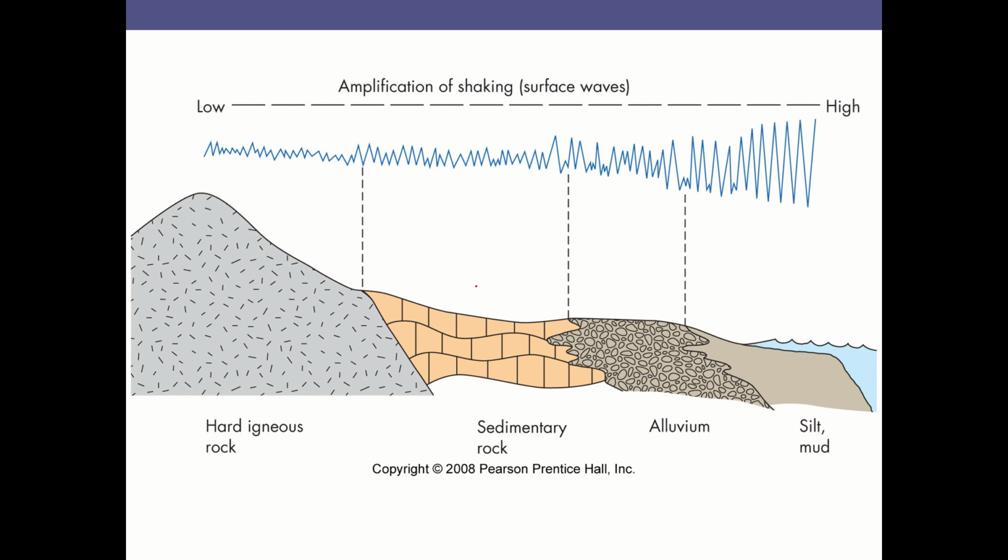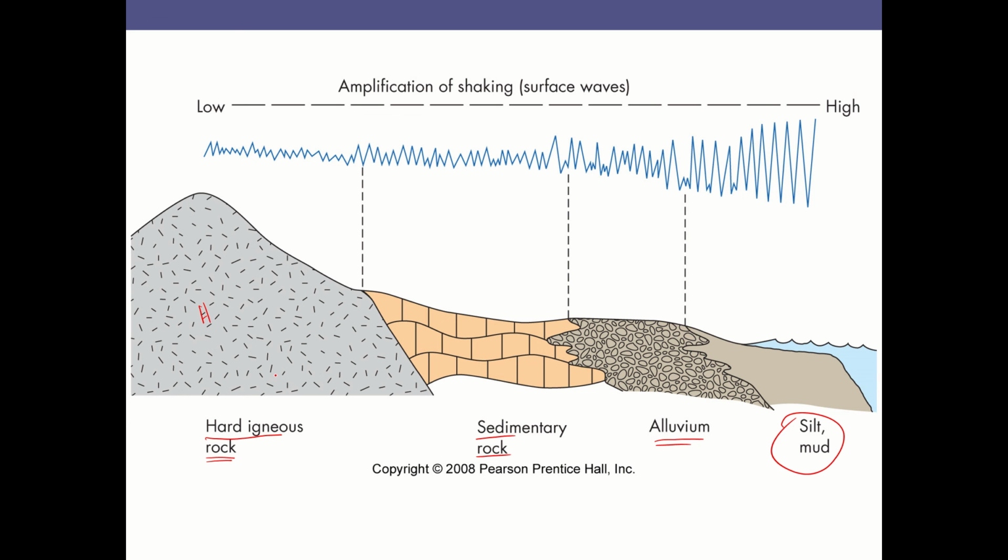And how does it impact, and how is it related, primarily to buildings and site planning? I have put this image just to give an idea that we have hard surfaces, let's say hard igneous rocks, or sedimentary rock, or soil made of alluvial soil and mud and so on.